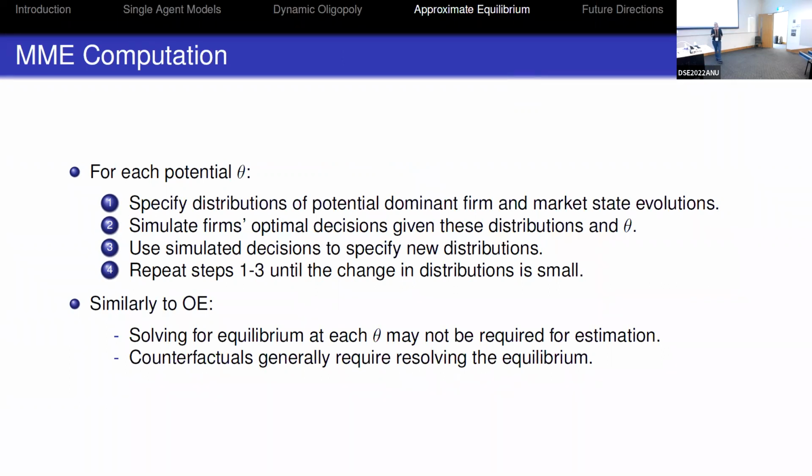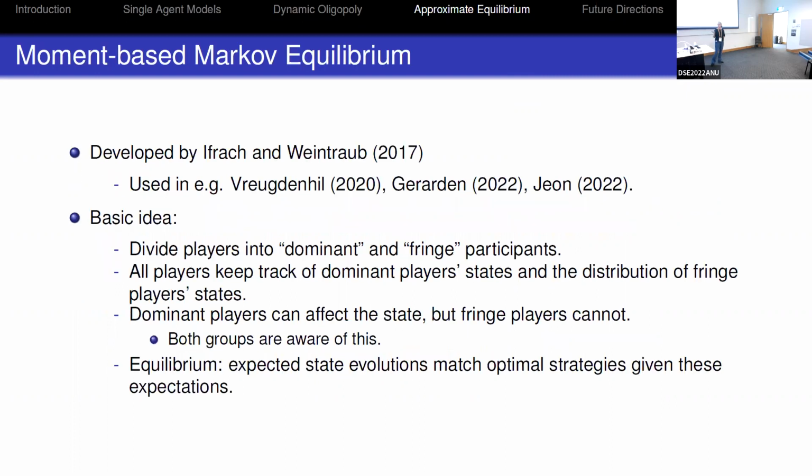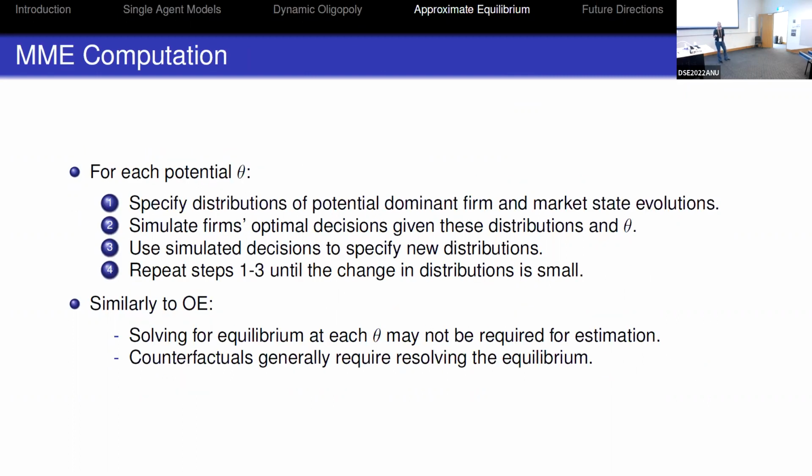Similarly to oblivious equilibrium, solving for equilibrium at each theta might not be required for estimation, but it's going to be required for counterfactuals almost definitely. And that's exactly what you see in some of these papers. I think maybe all 3 of these papers don't need to do it for estimation, and they only do it for counterfactuals. Okay.